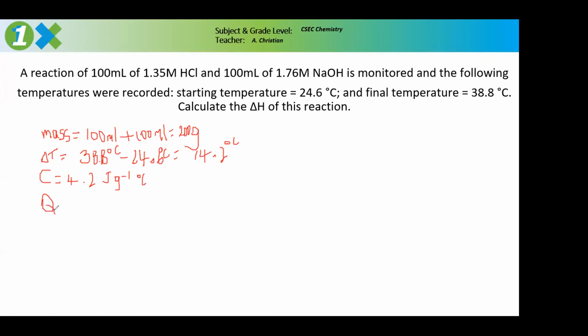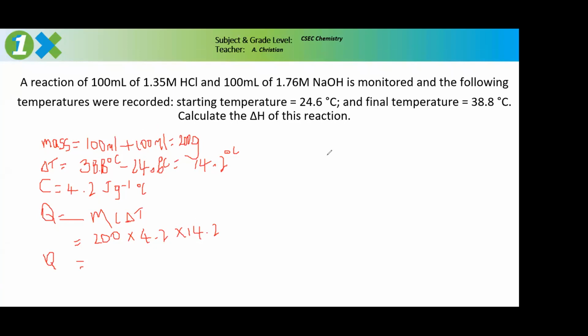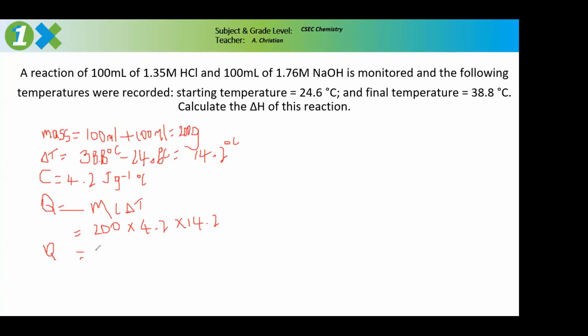So Q is equal to mC delta T. Anybody work this out? 200 times 4.2 times 14.2 is equal to 11,928 joules.